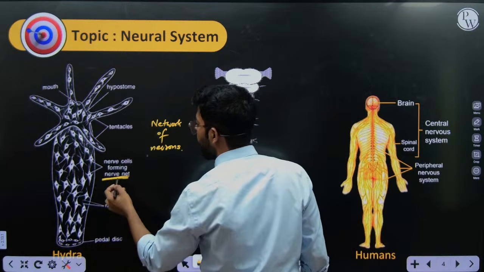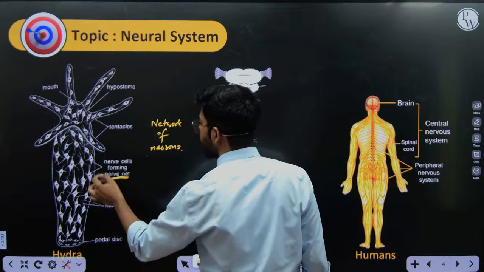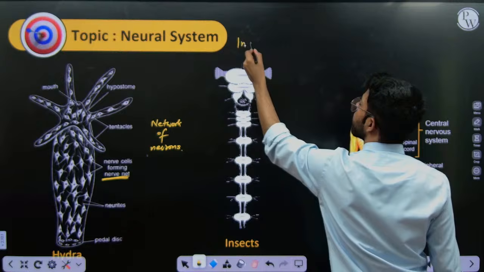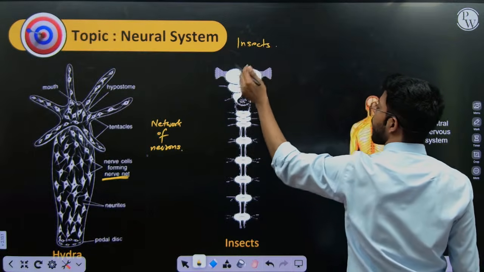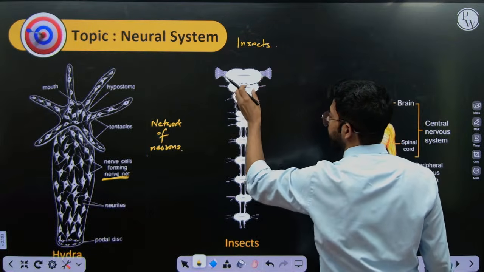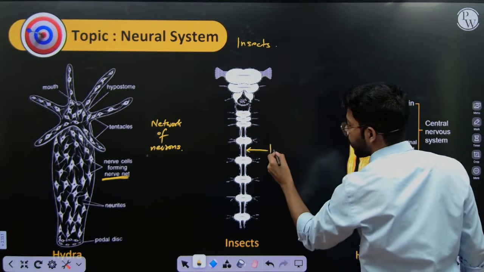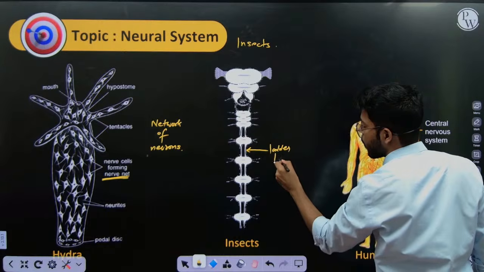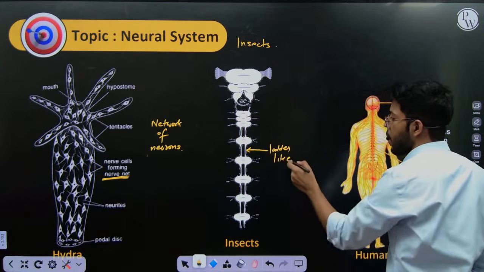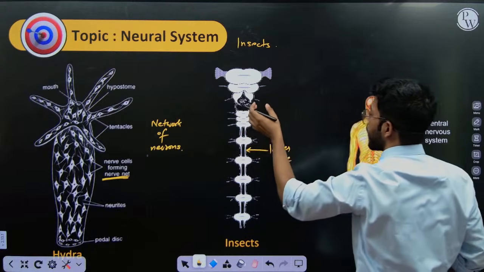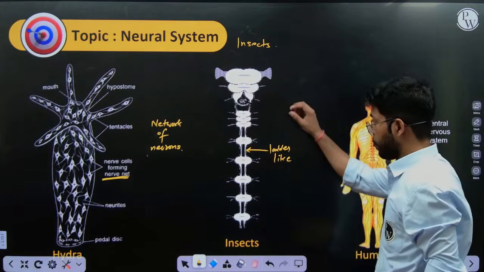So in hydra there is only a network of these neurons, but if we talk about insects, then a brain with ganglia and a ladder-like spinal cord is also present.